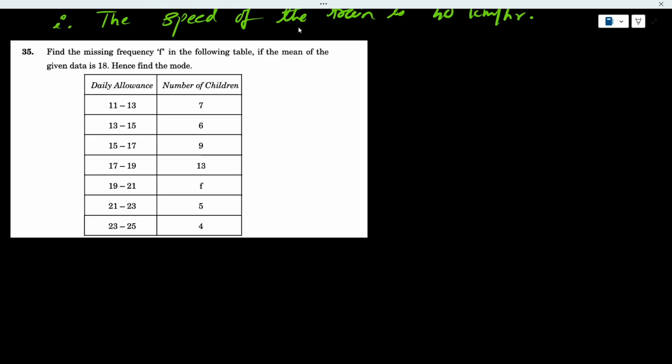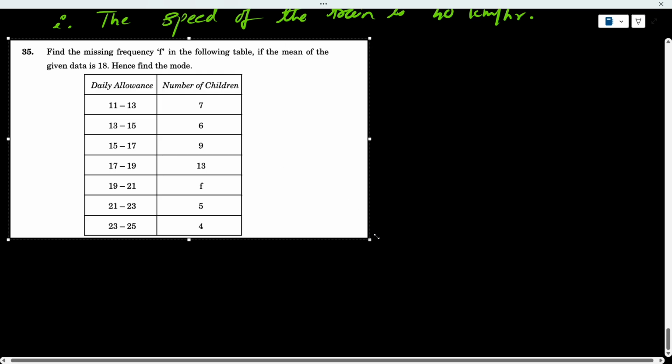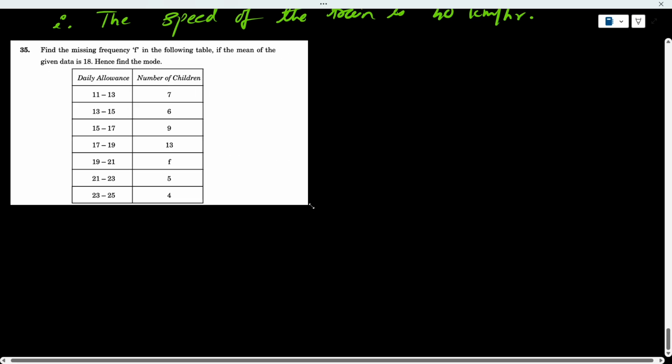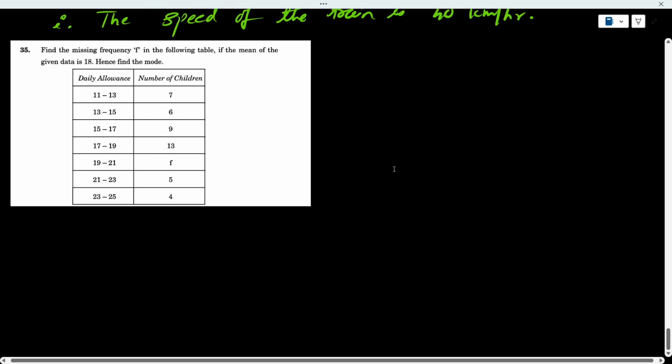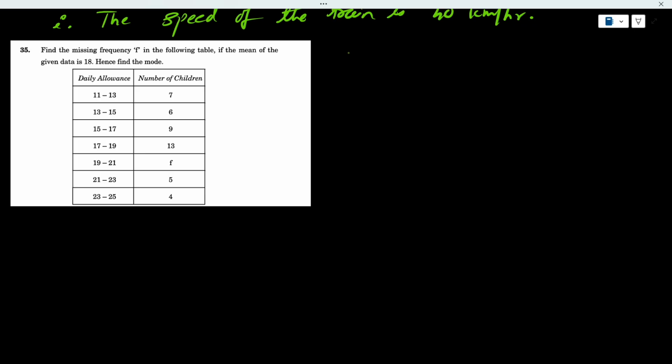So how do we do this question? You know that whenever you have this kind of table and there is a missing frequency, you always follow the direct method to calculate the mean. So what should my table be here? Let me draw only the table here because it's a direct method. I don't need more columns.